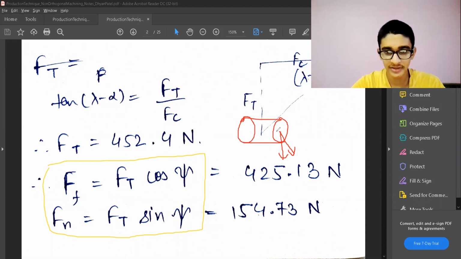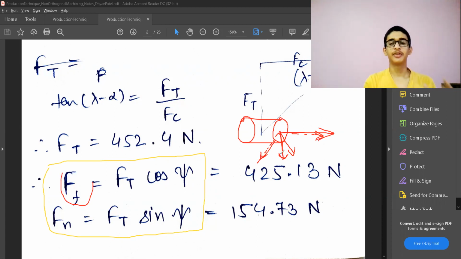So we can take the projection of this force in the horizontal plane. These two projections are in the horizontal plane, and this was the main force which was acting. So this one force has now been componented into two parts. One of them is the normal force, which is this force, and another is the feed force, which is this force. And this cutting force is as it is.